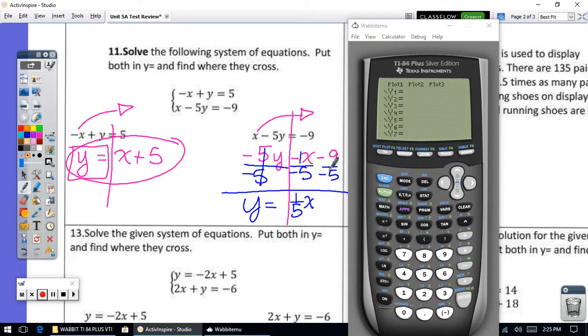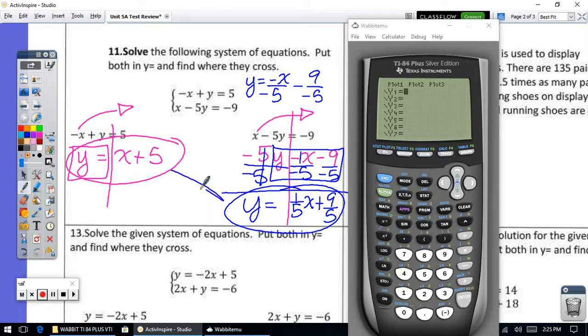That's going to be a positive 9 over 5. Now we're ready to type this in y equals. I will be honest with you. If for some reason you can't do this part right here, so if I were to rewrite this as y equals negative x over negative 5 minus 9 over negative 5, you could actually type that in y equals and the calculator will clean it up for you.